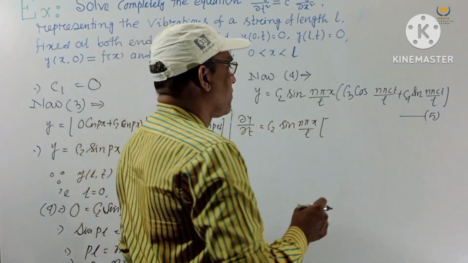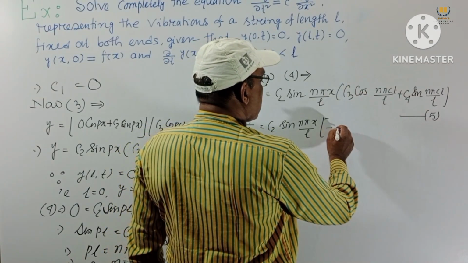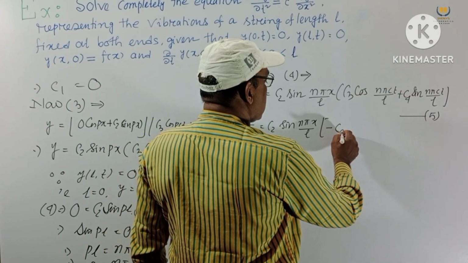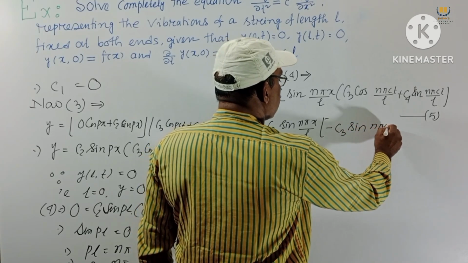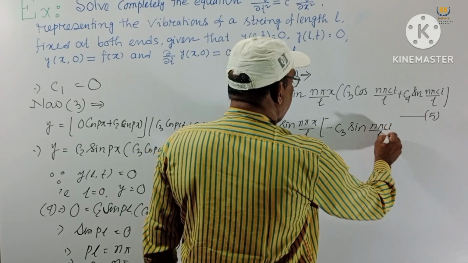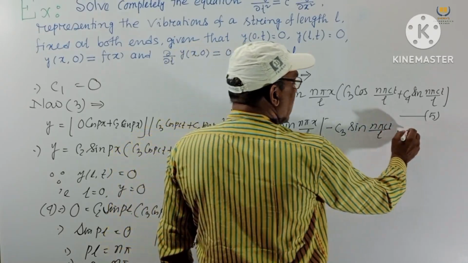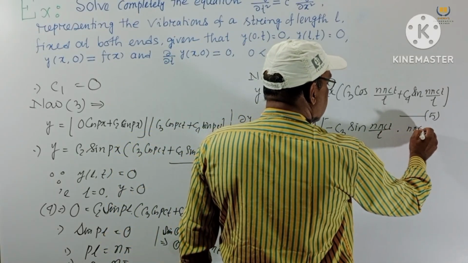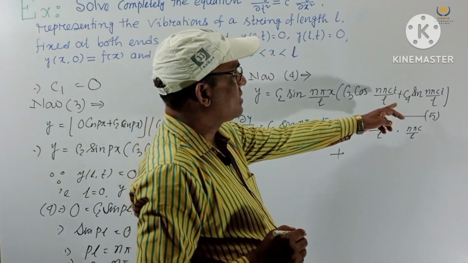This is variable. And if we differentiate, d by dx of cos means minus sin, c3 sin n pi ct by L, and using the same rule, then n pi c by L, and this will be c4.